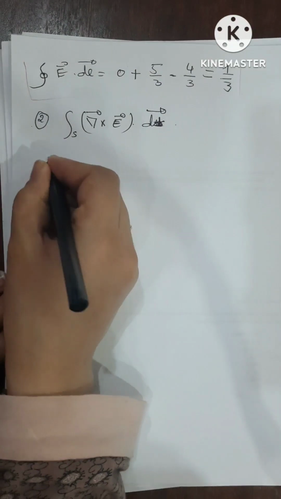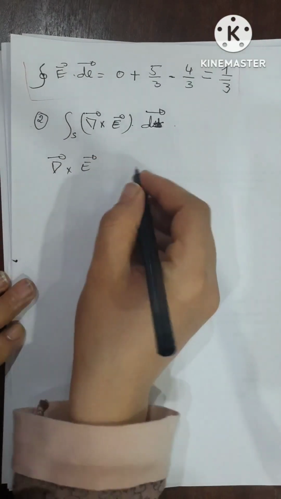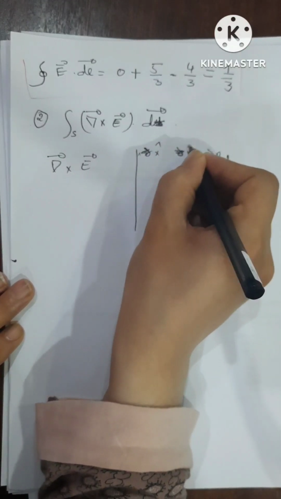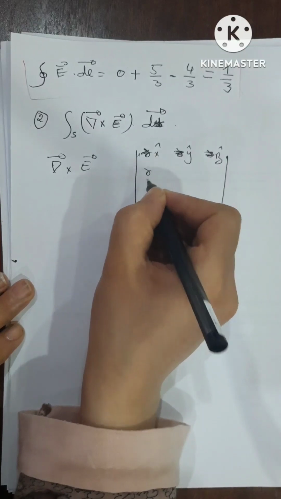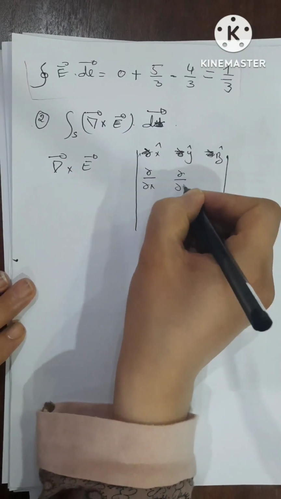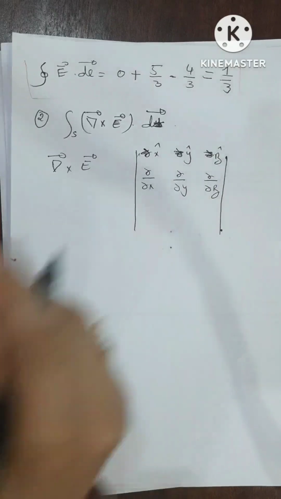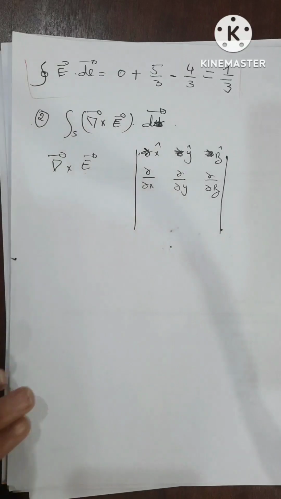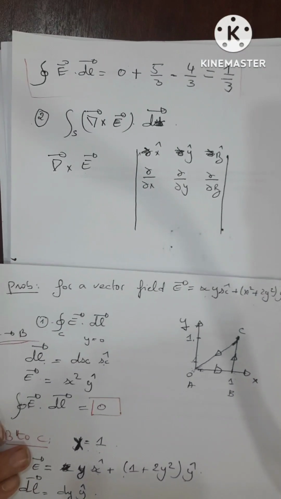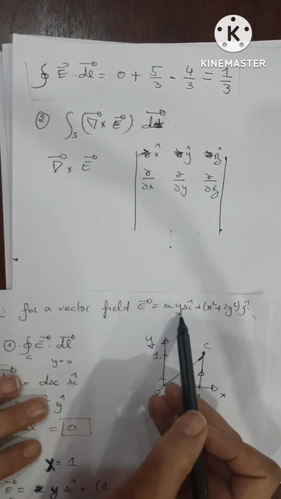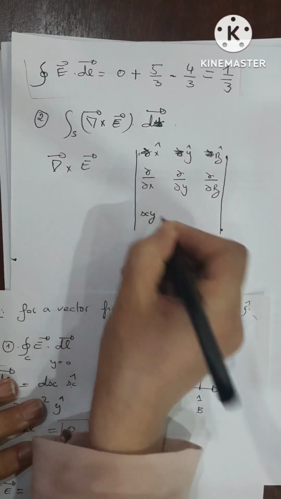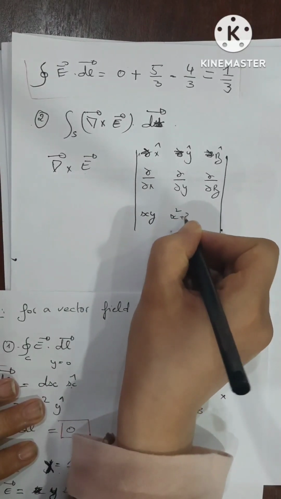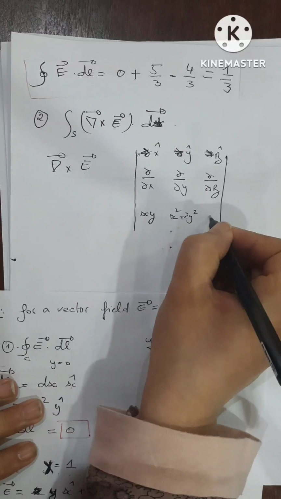Now the curl of E in Cartesian coordinates: we have x, y, and z, so d over dx, d over dy, d over dz. Then we have E. What is our E? In the direction of x we have xy, the direction of y is x squared plus 2y squared, in the direction of z is 0.